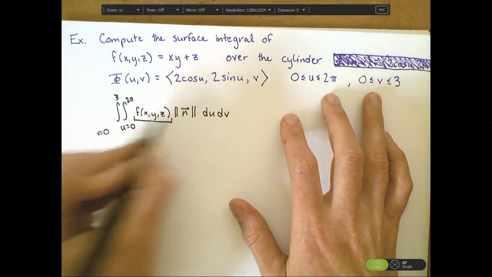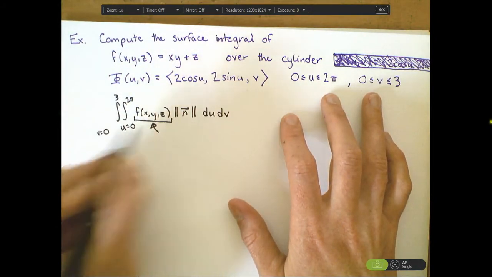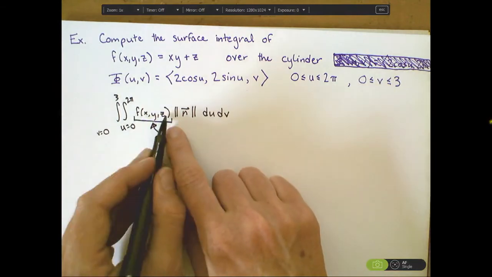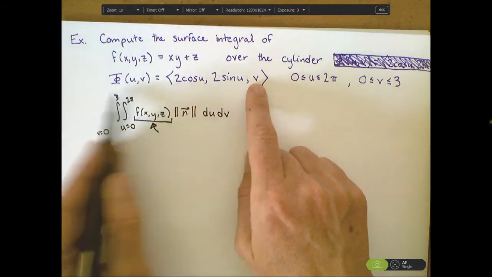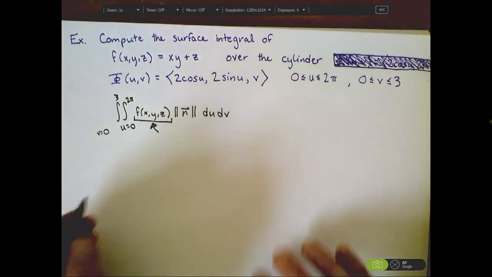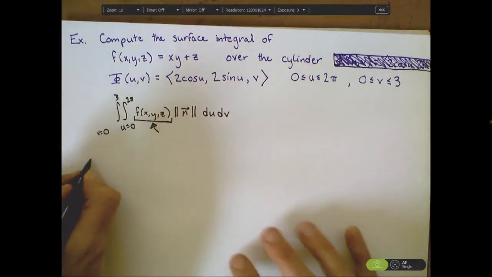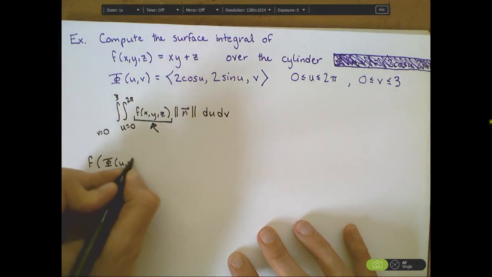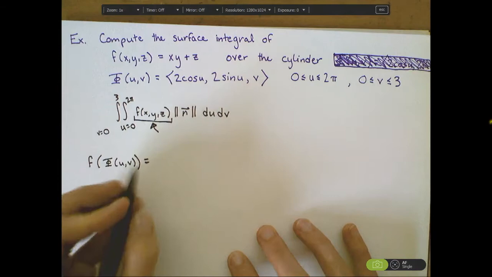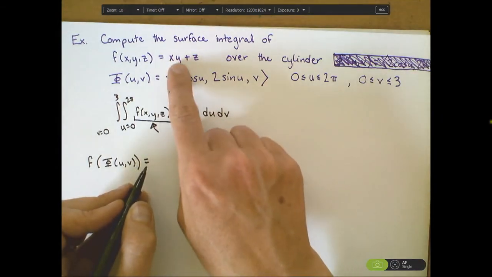But there are some pieces that are troubling. The first troubling piece is that this has to be rewritten in terms of our parameterization. So let's rewrite that first. F of our parameterization of u, v is going to be equal to x times y plus z.